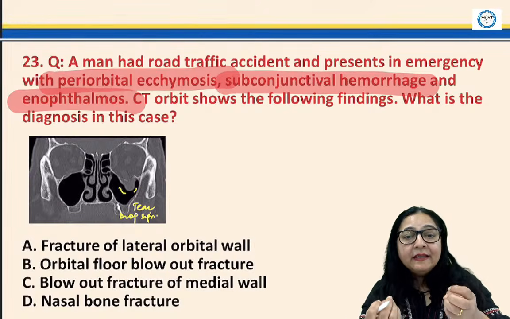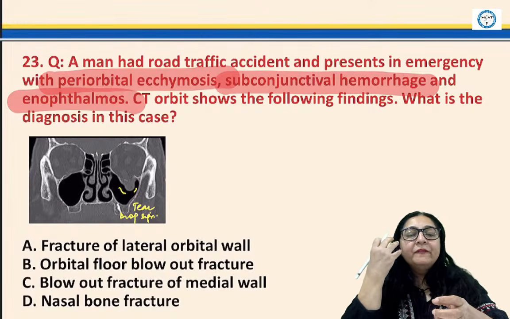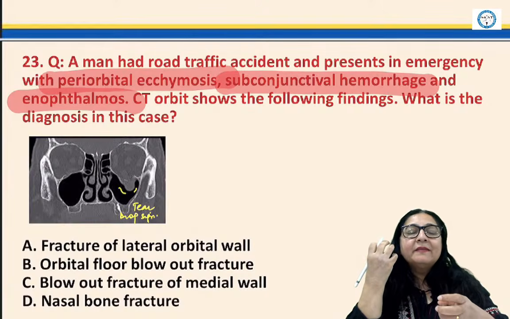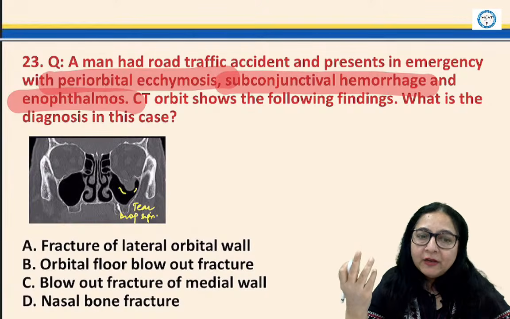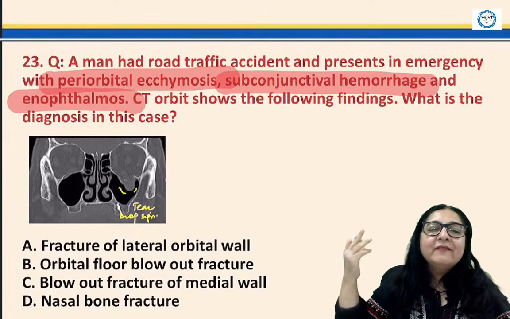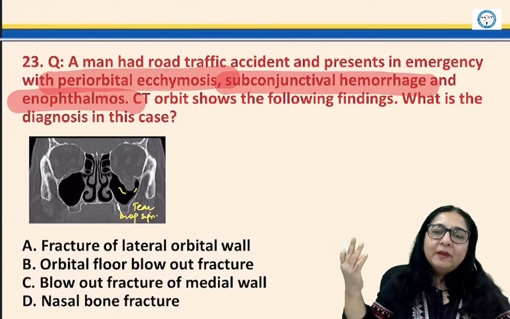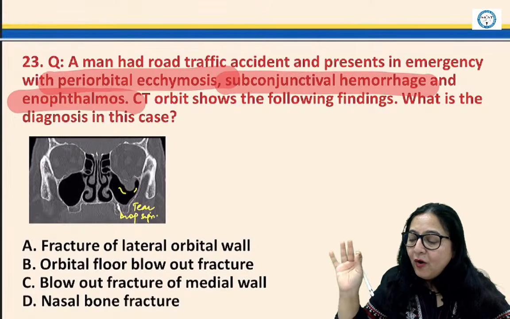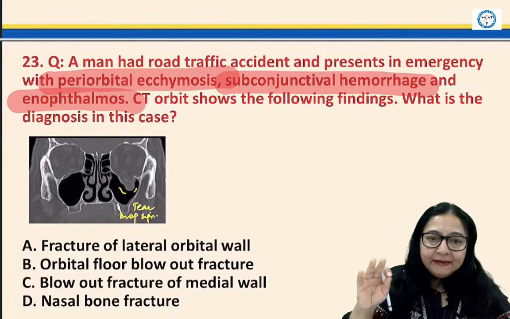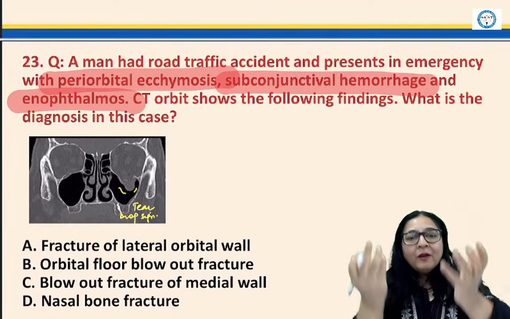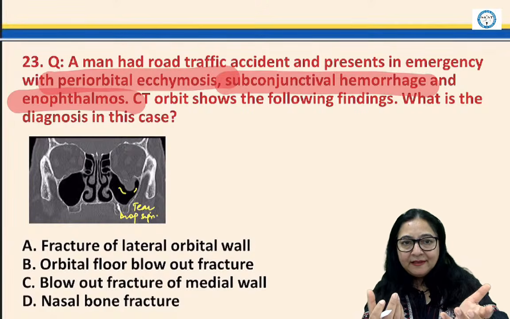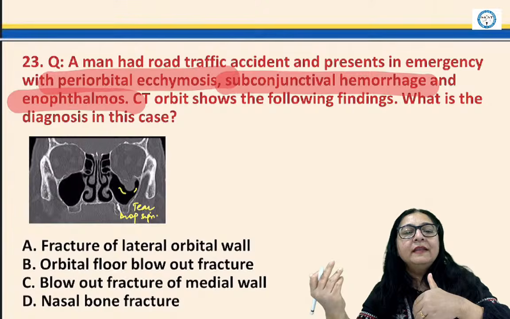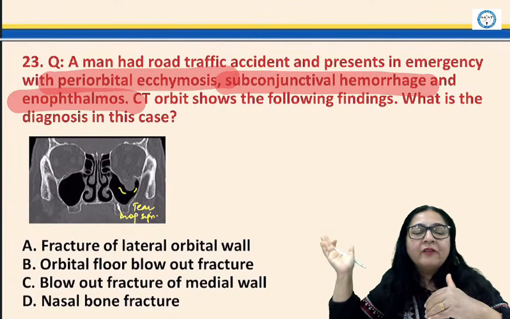Because of this content herniation, the eyeball moves inward. There is inward displacement of the eyeball leading to enophthalmos. So these patients will be presenting with enophthalmos. So it is blowout fracture of the orbital floor, beta. It is not the medial wall, because contents will not go into the antrum in the medial wall. It's not the nasal bone fracture or lateral wall fracture.